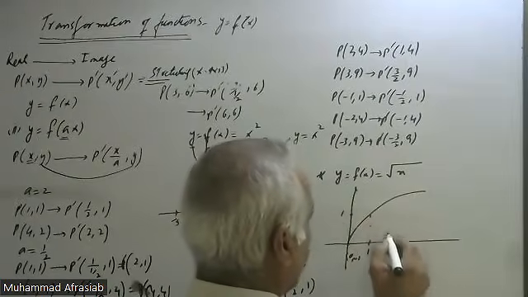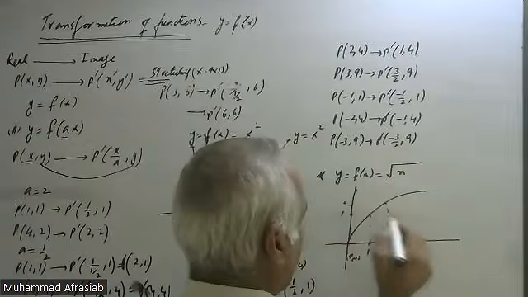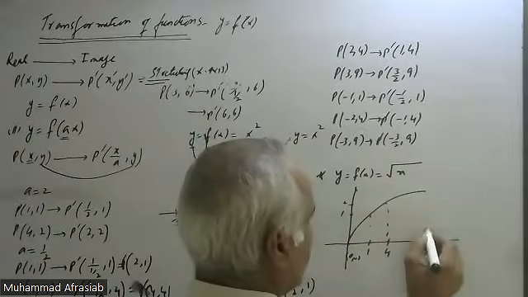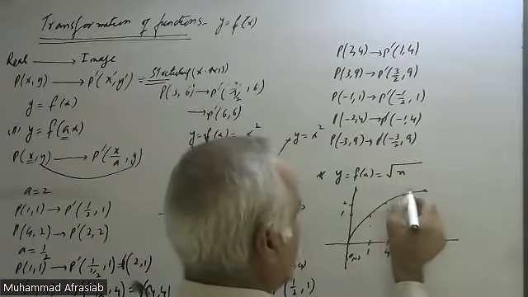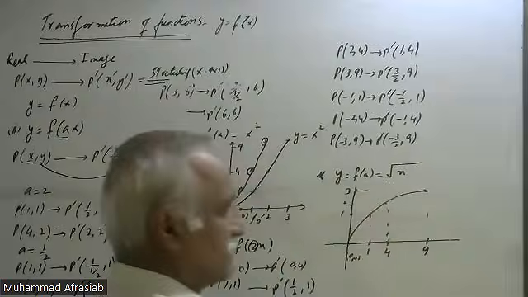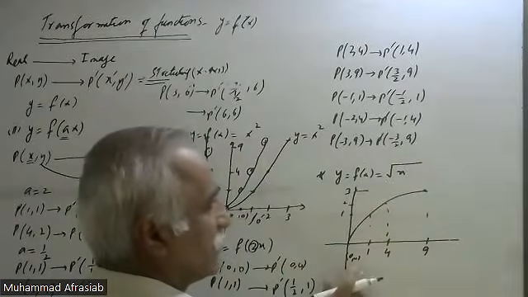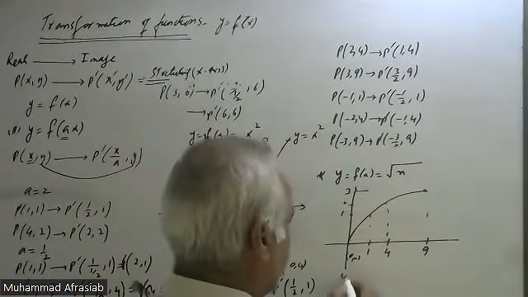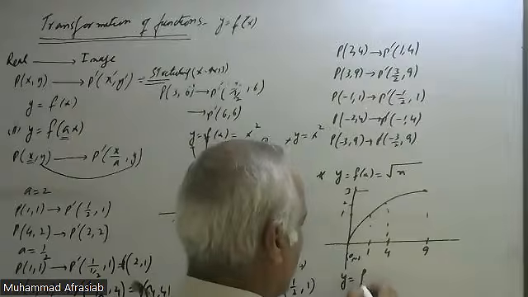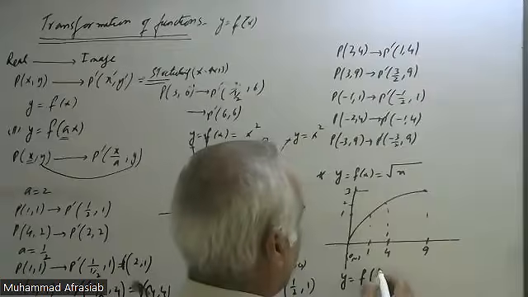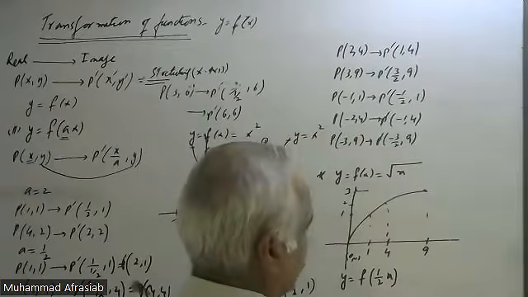For 4 it is 2. For 9 it is 3. Now we have to draw the graph of y equals f of half x.